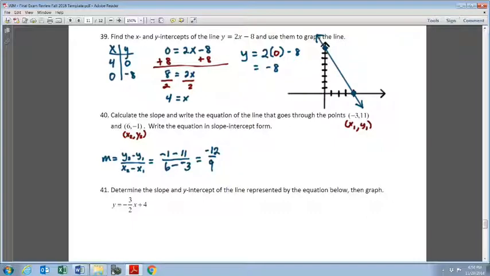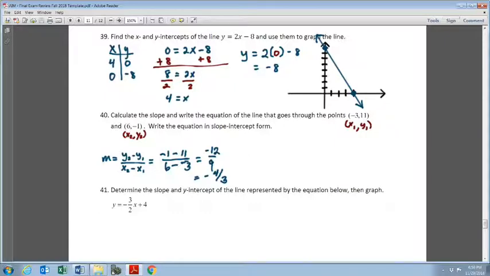So now I've got to get caught up with what I had previously, so let me erase those. So this is going to be negative 4/3. So the slope is negative 4/3.